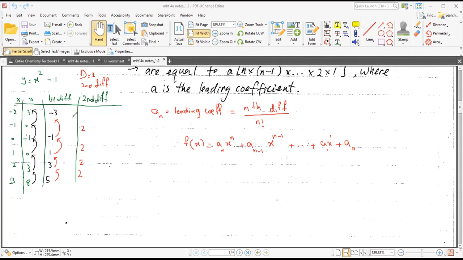Now, according to this, let's say I have the same thing, y is equal to x power 2 minus 1, right? I want to find the nth difference.